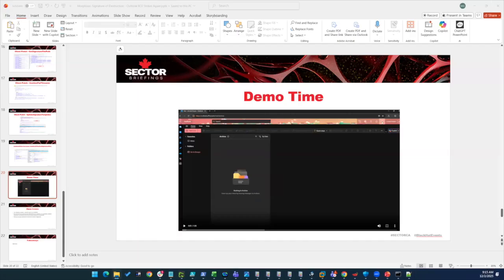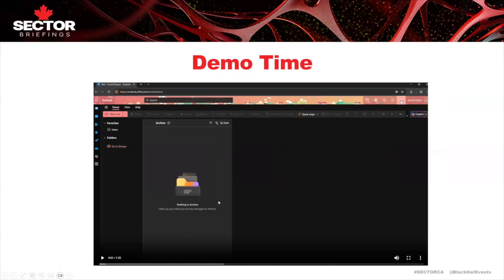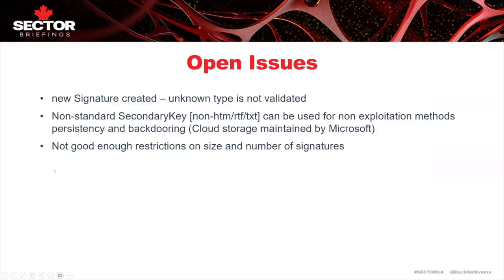Back to still a couple of open issues, for those that want to research the cloud signatures more. As I mentioned, you really can go and utilize that roaming settings API with signatures almost as much as you want. You can create many signatures with one API call. Those will generate a lot of files.